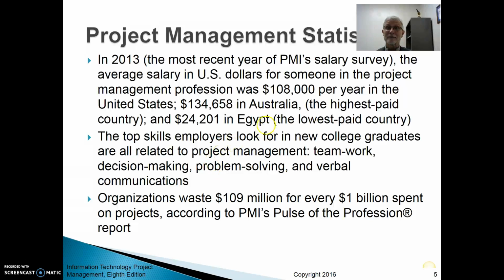Average salary. I like average salaries. Anytime I can get something that says here I can do $108,000 a year, and you'll see that number, you kind of go, is that really true?